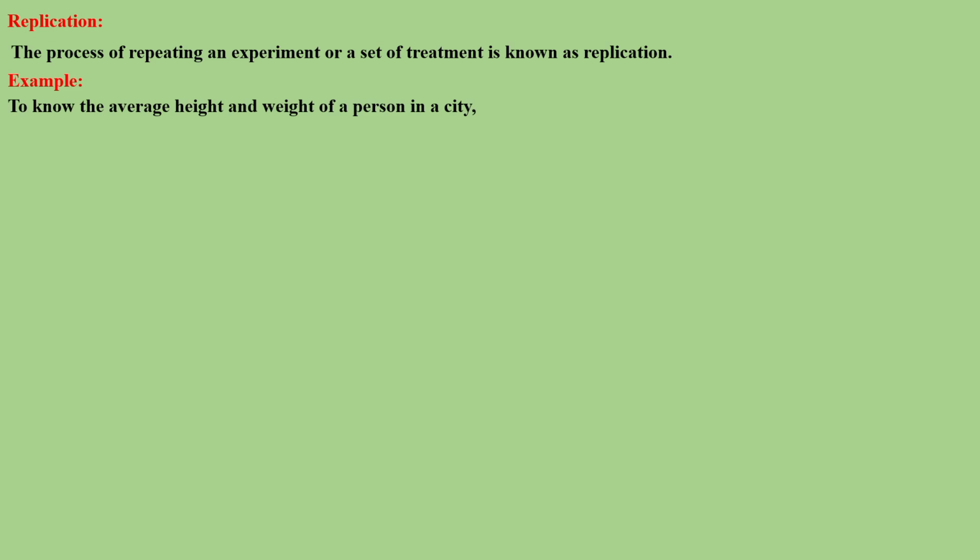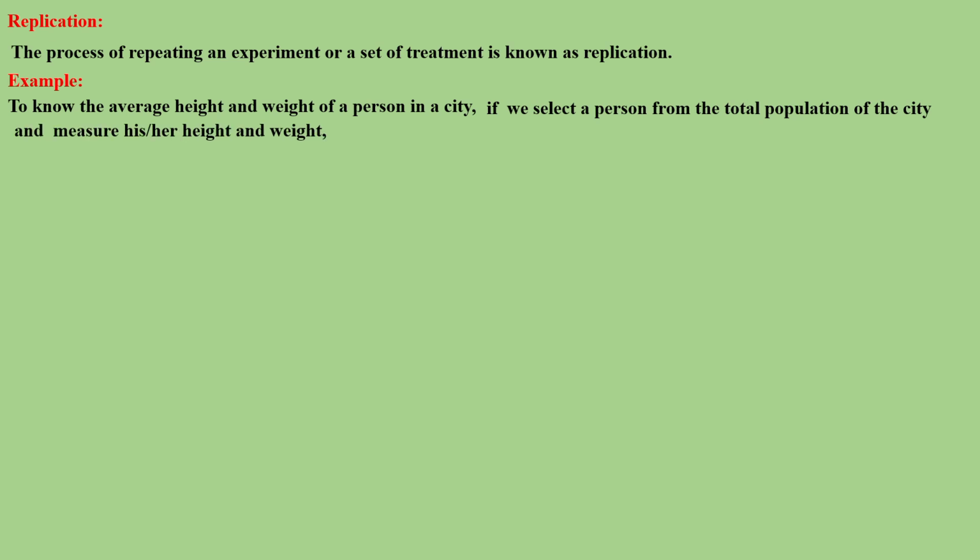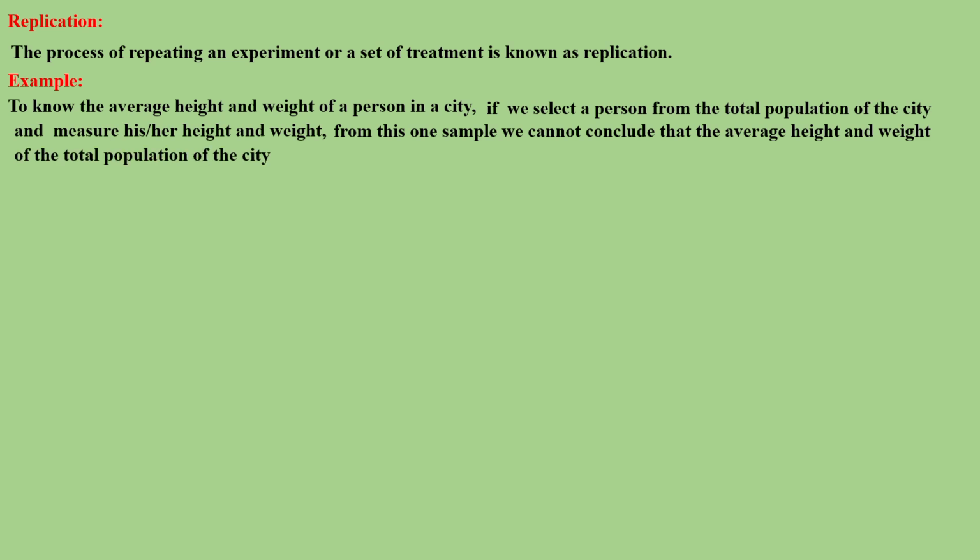To know the average height and weight of a person, for example in a city, if we select a person from the total population of the city and measure his or her height and weight, from this one sample we cannot conclude the average height and weight of the total population of the city.